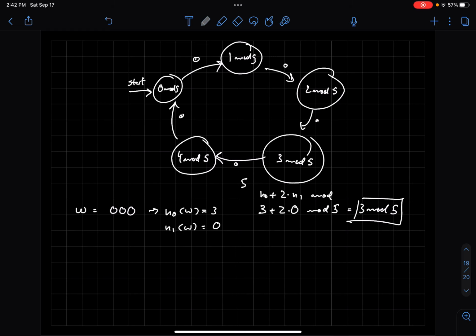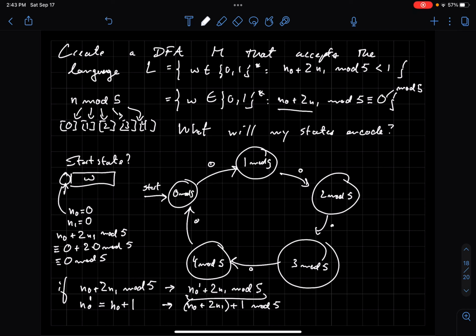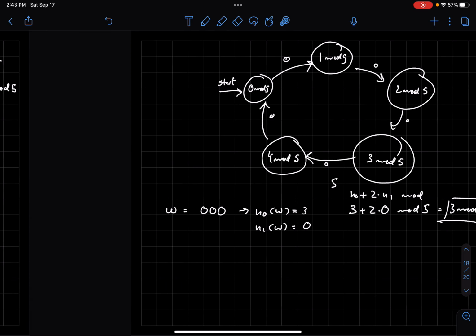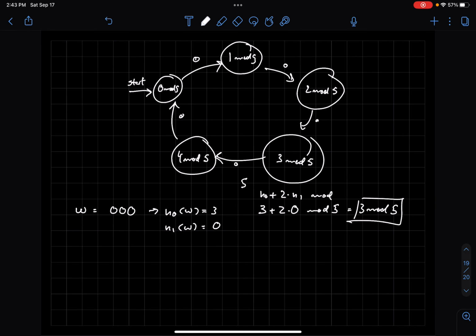Okay, now what can happen if instead of reading a 0, I read a 1? The 1 is slightly different because it changes the modulo not by 1, since you're multiplying n1 by 2. So you have to be a bit more careful here.